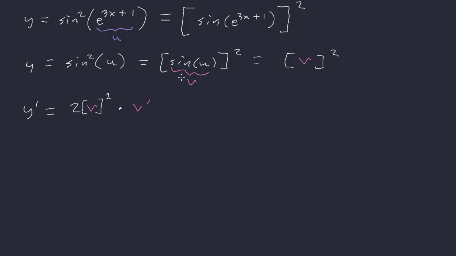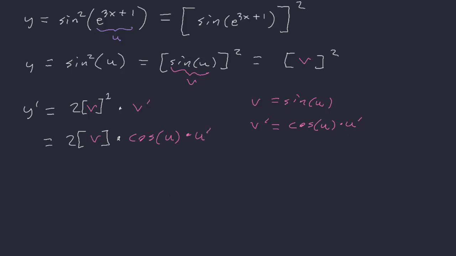Okay, well, v is sine of u. So v prime is cosine of u times u prime. So now we'll put that in. We have 2v. I'm going to drop the to the 1 power because that's not really necessary. Times now cosine u times u prime.